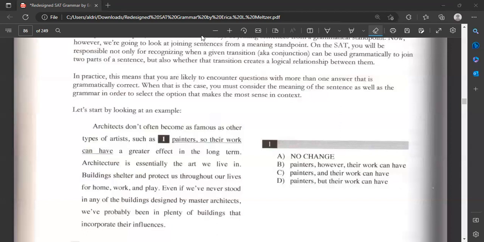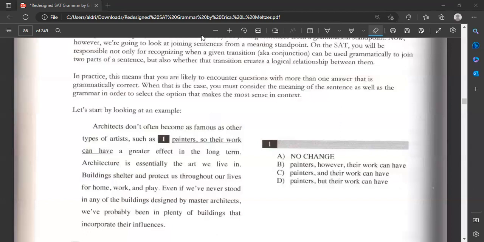So I'm going to ask Jessica. Jessica, what made you say D? Let's start there. Okay, so first they were talking about the architect that doesn't often become as famous as other types of artists, such as painters. So they were continuing, so I used but to join because they were referring to painters that they have effect in the longer term.